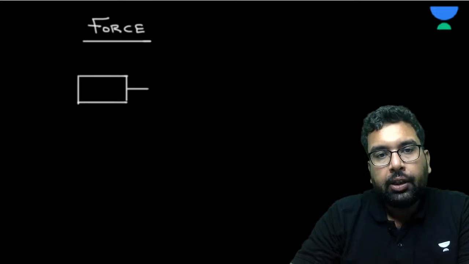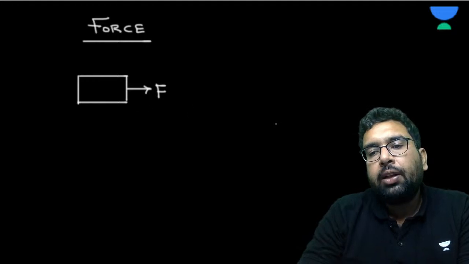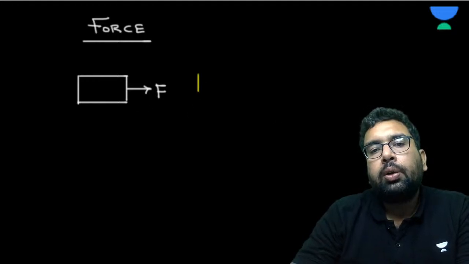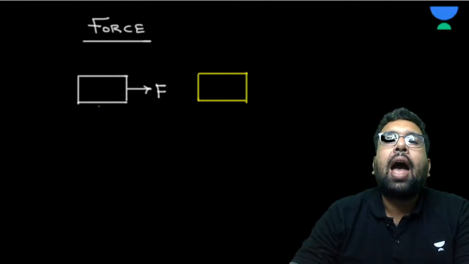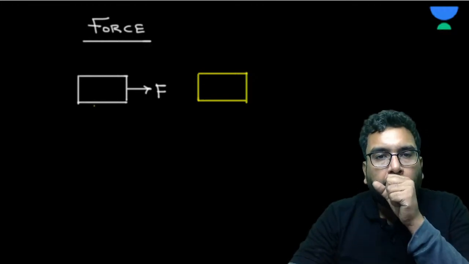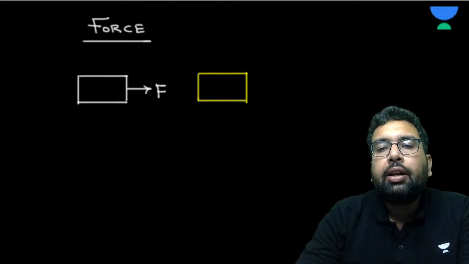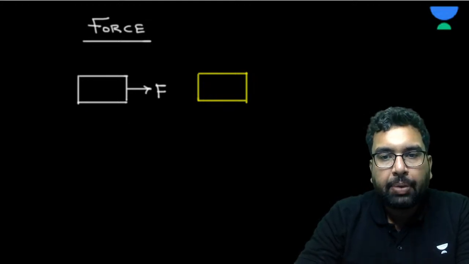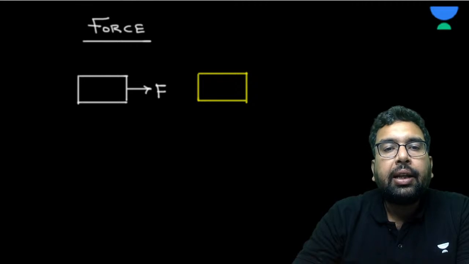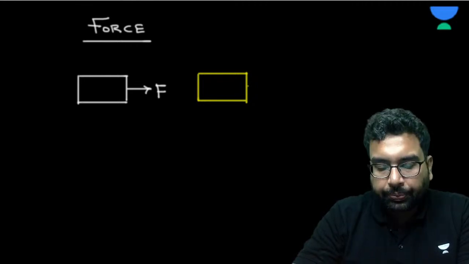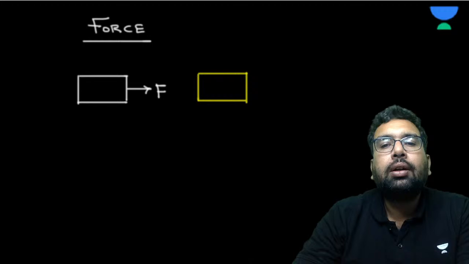Now on this body, if I apply a force F like this, it is going to have some displacement. The body will obviously move in the direction of the force, right?